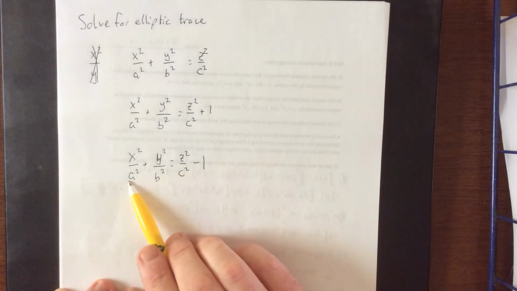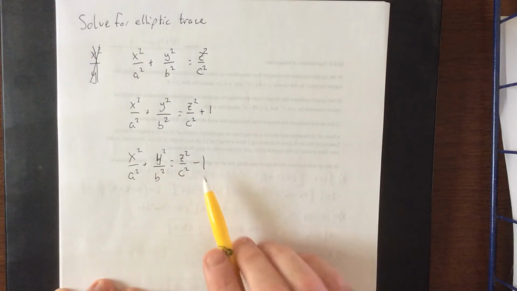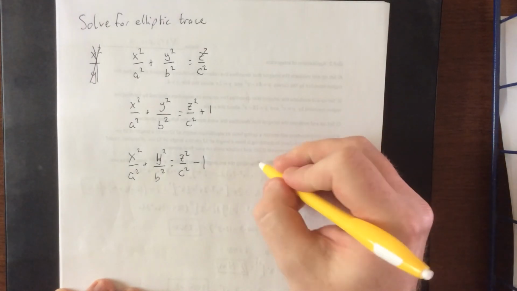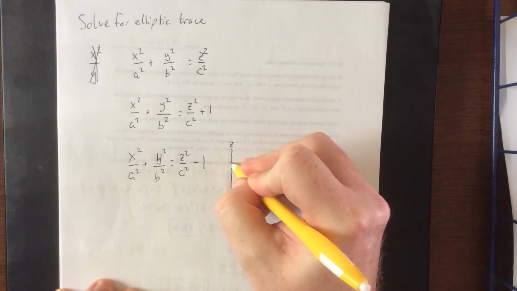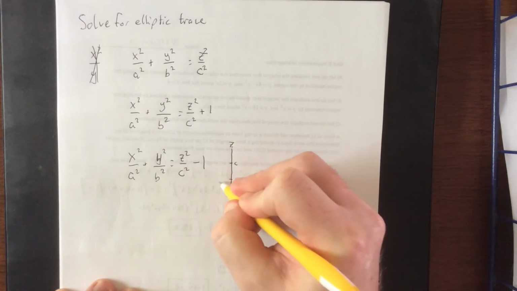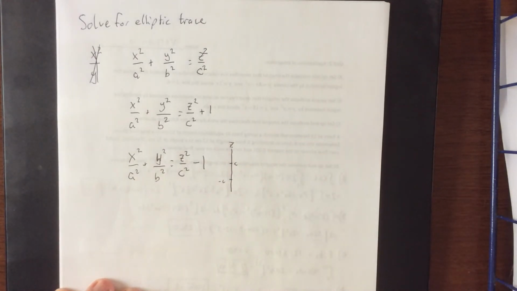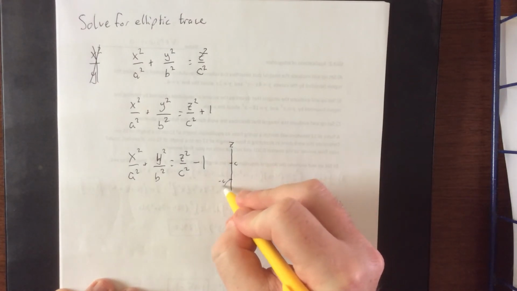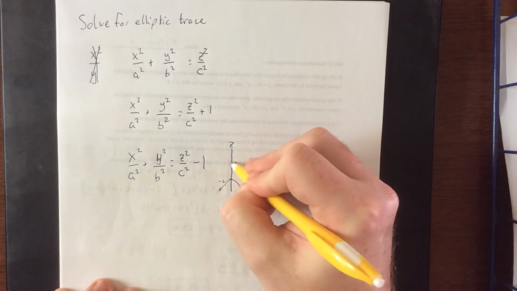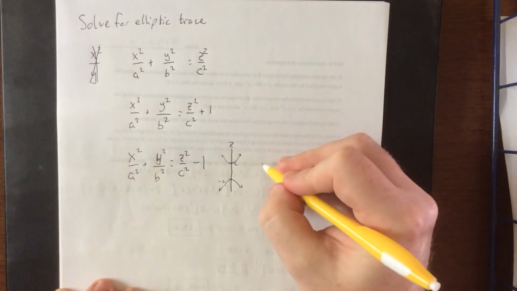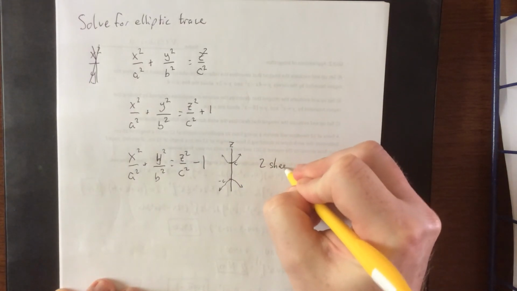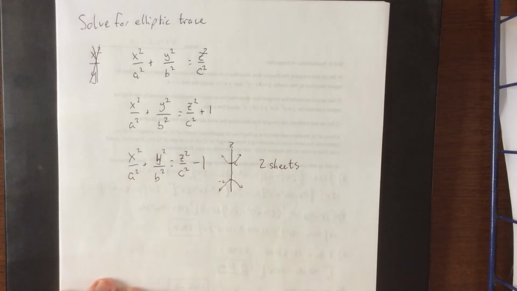I cannot take a square plus a square and wind up with something negative. That means that on the z-axis, there's going to be a little gap in between +c and -c where this thing does not exist. Now that means that there's going to be a lower portion and an upper portion. Well, that right there, that's your 2-sheet hyperboloid, or hyperboloid of 2 sheets.